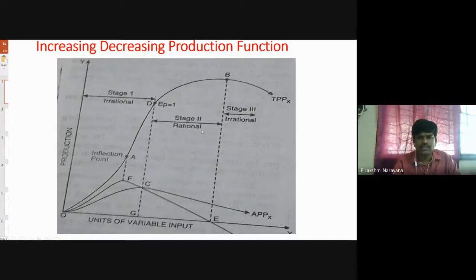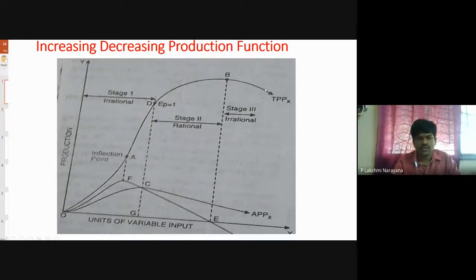In this case, total production is increasing, but after this point it increases slowly and then declines. After this point, which is the saturation point, the increasing trend stops, and then it continuously declines.